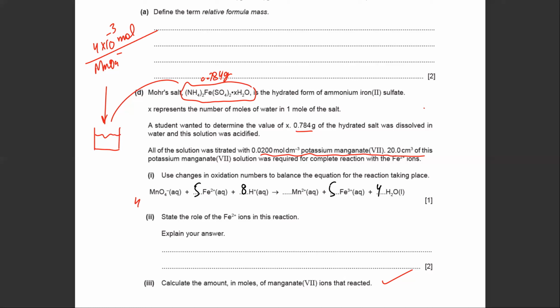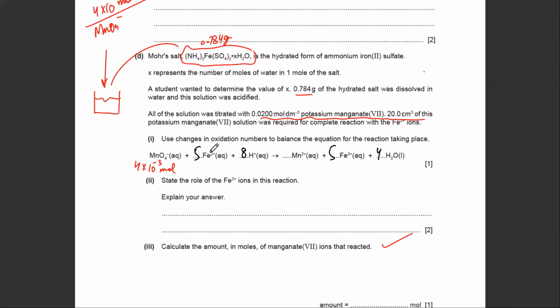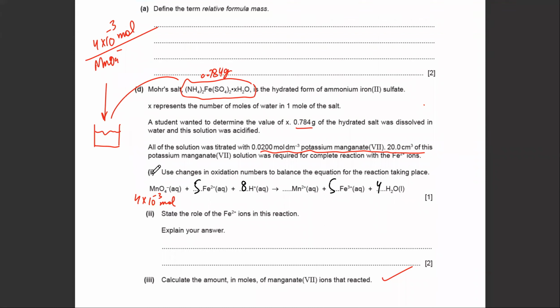We have the equation as well. So I know the MnO4 moles are 4 times 10 to the power minus 3 moles. So we found that. Now he's going to ask for the moles of Fe2+ iron. So what's the ratio? 1:5. So multiply. Yes, 10 to the power negative 4, sir. 20 divided by 1000.